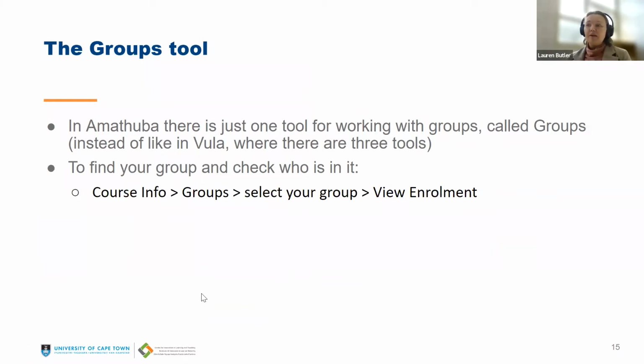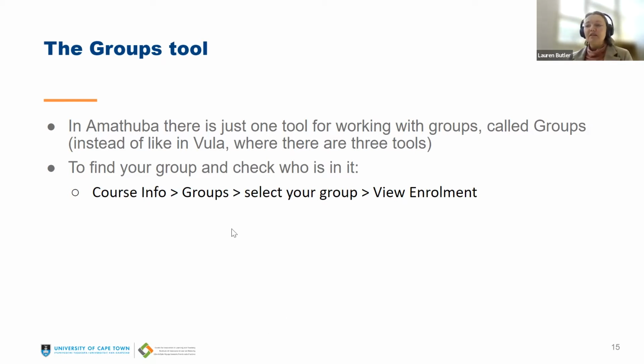So first up, the groups tool. In Amathuba, there's only one tool for working with groups, and it's called groups. Instead of like in Vula, where you could use either the section info or group manager or ad hoc. So there were three tools that you could use to create groups and work with different groups. But in Amathuba, there's only one.